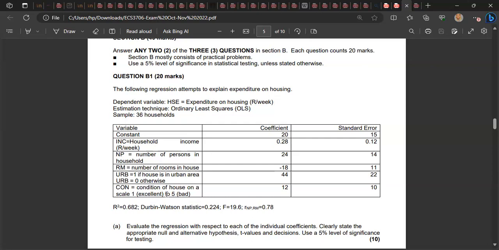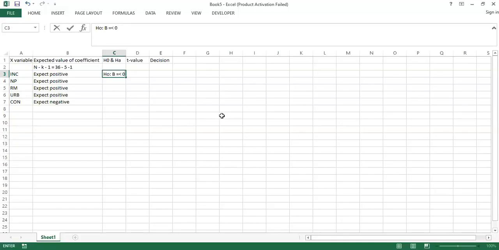So which is why my interpretation on this one was a negative relationship. But had it been the other way around, where bad would be 1 and excellent would be 5, then we'd expect a positive relationship. So that was the interpretation for that one.